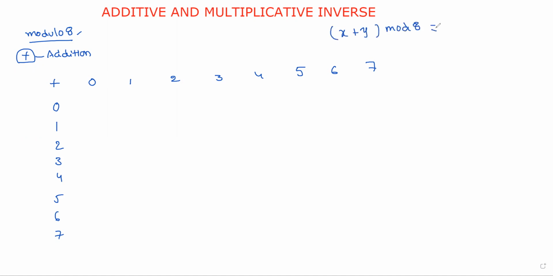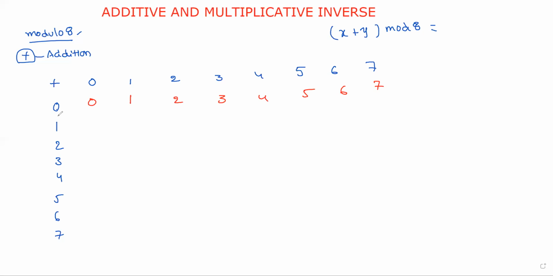Whatever remainder we get, that is addition with mod 8. So 0 plus 0 is 0 mod 8, 0; 0 plus 1 is 1; 0 plus 2 is 2 mod 8, 3 mod 8, 4 mod 8, 5 mod 8, 6 mod 8. Mod 8 means the remainder.